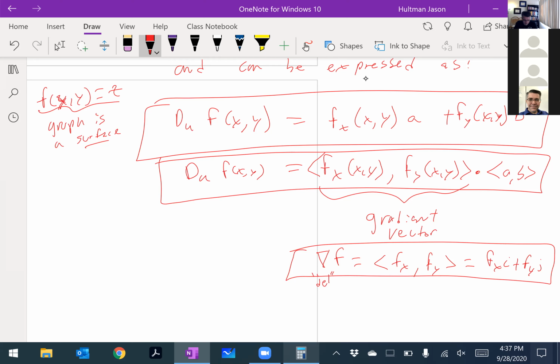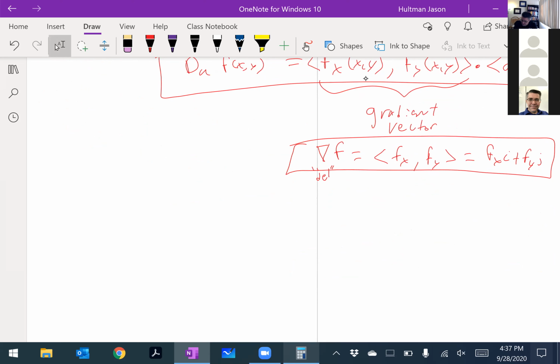So that's called the gradient vector, del. Let's do a couple examples.